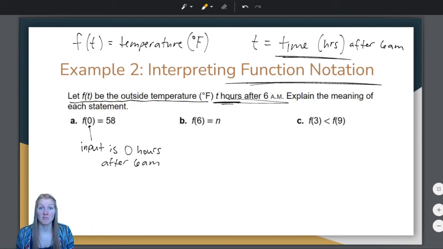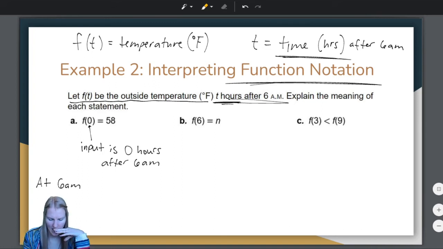It's 6 a.m., right? 0 hours after 6 a.m., it is 6 a.m. So we're saying at 6 a.m., what? f of 0 equals 58. So the output is 58.